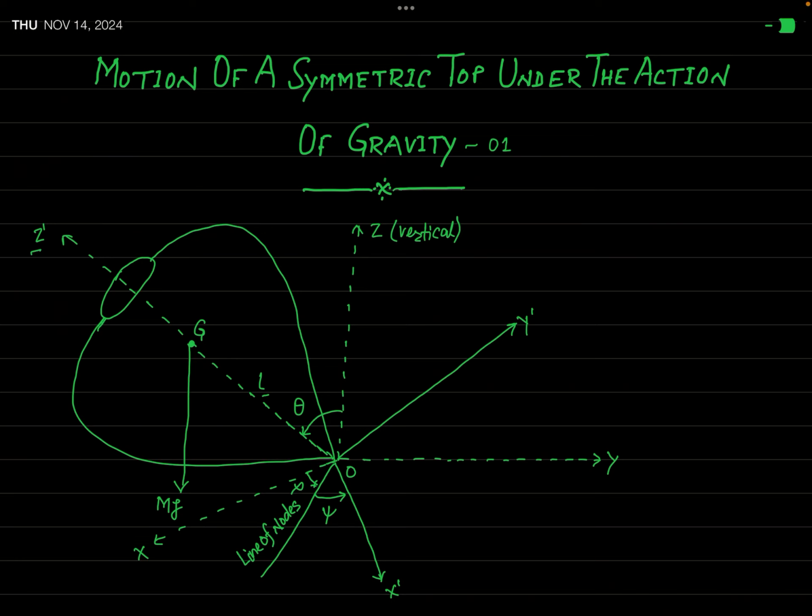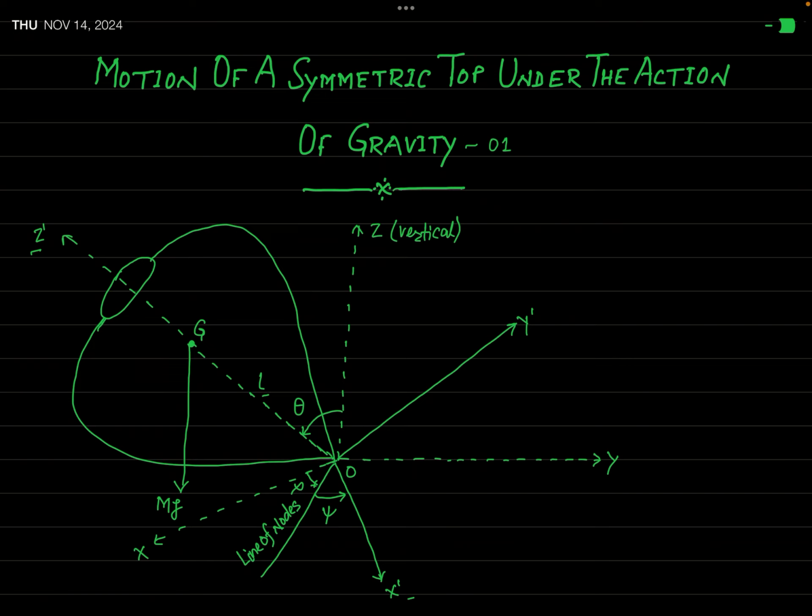Okay, and as you have considered that Z dashed axis is one of the principal axes, so definitely the other two body axes, which will be X dashed and Y dashed, are the other two principal axes.